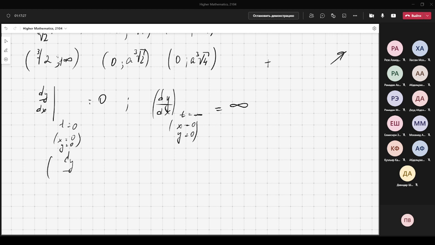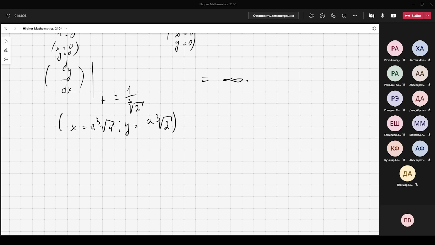Further, dy over dx, if t equals 1 over cube root of 2, at this point x is a times cube root of 4 and y is a times cube root of 2, and all of this equals infinity. At this point the tangent to the curve is vertical.